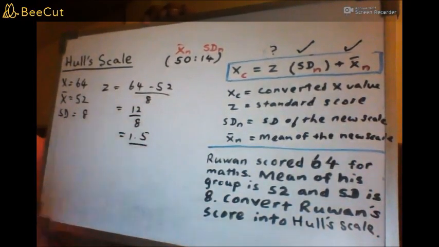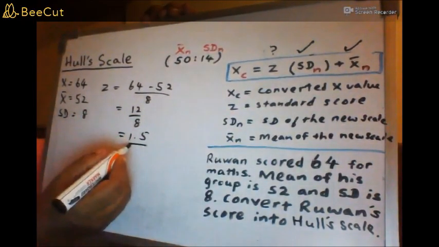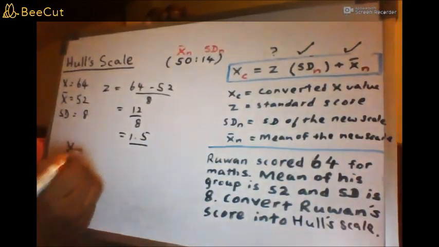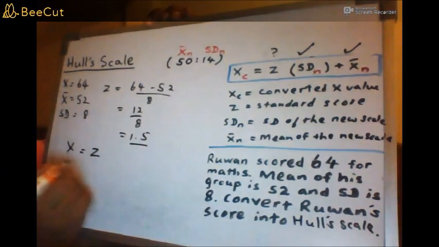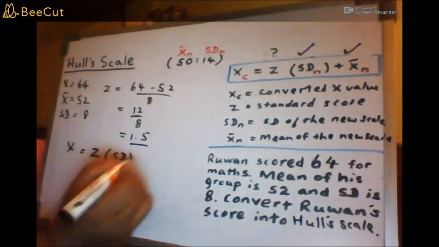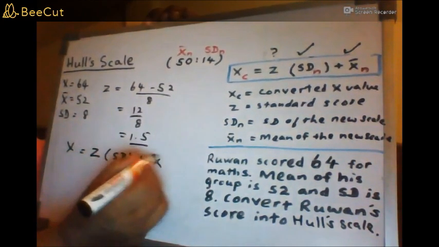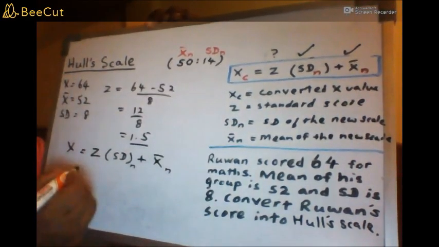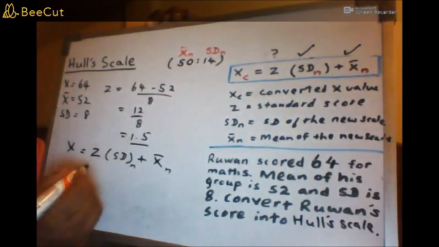One point five. So we apply this value into this and the rest. So X equals this, you'll have to remember by heart: SD plus X bar. Right. Now Z is 1.5.